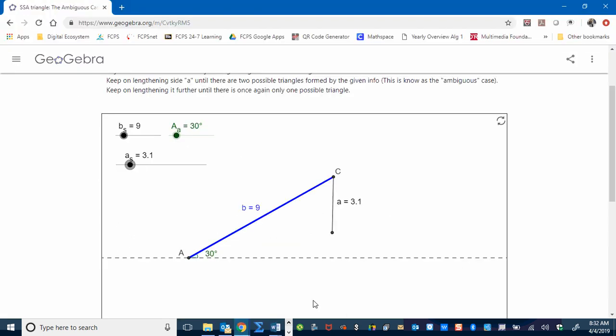Okay, this is what could possibly happen when you're given an angle, a side, and another side. There are 3 different scenarios. The first scenario, see here we are given angle A, then we are given side B, and side A. So we're given angle, side. The first scenario is that A is too short to reach the ground, and it cannot create a triangle.